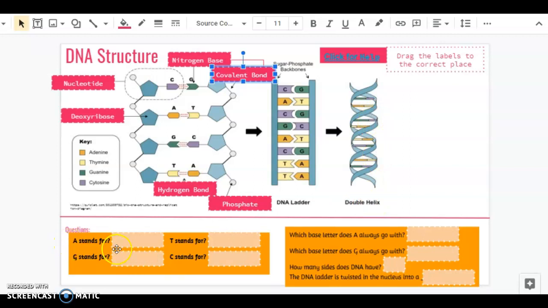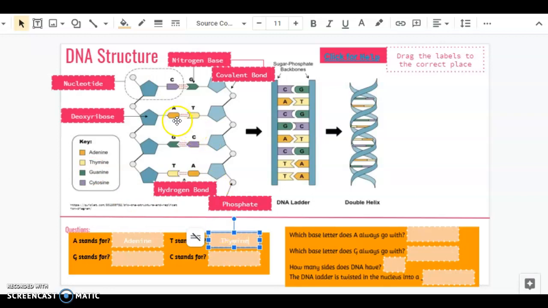What does the A stand for that we see in these first two ways of showing DNA structure? If you look at the key, you'll see that A stands for adenine. What about the T? Look at the key again. The T stands for thymine.